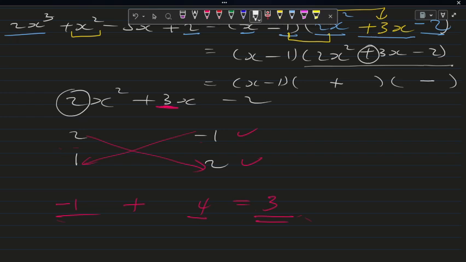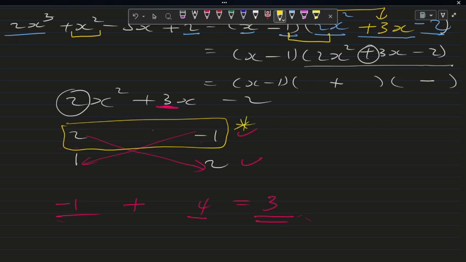To obtain this, we say positive times negative, and then we get a negative, obviously. Then we go to our combinations. We can see that we have a bracket with a positive, and another bracket with a negative.